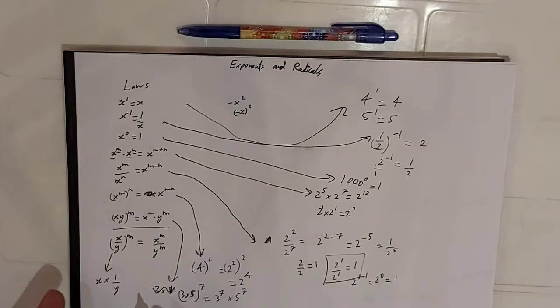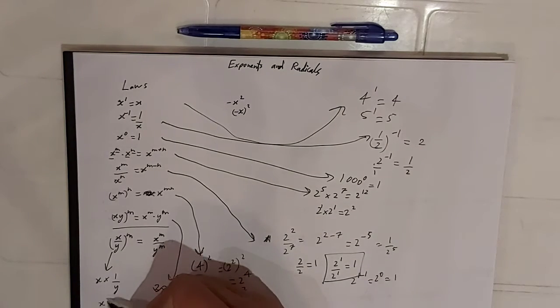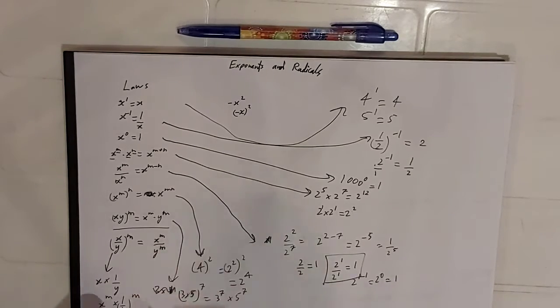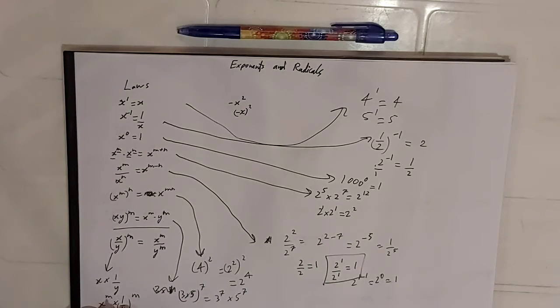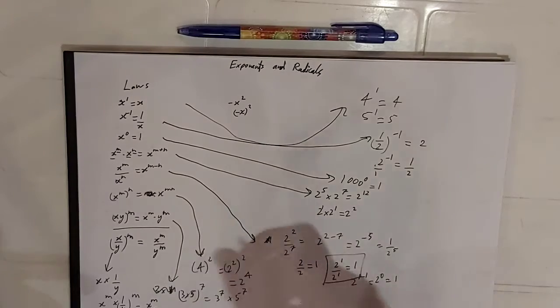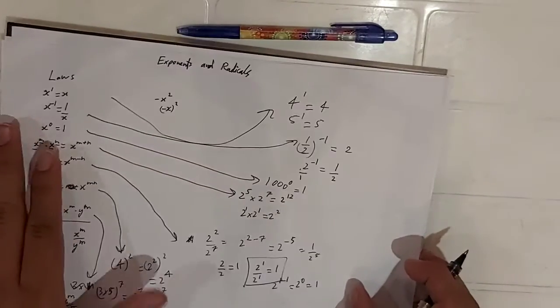The same rule applies. It'll go to x to the power m into 1 by y to the power m. As 1 to any power is equal to 1 itself, it would be 1 over y to the power m. Hence it would give you x to the power m divided by y to the power m. My writing is a bit bad, but I hope you understand it.